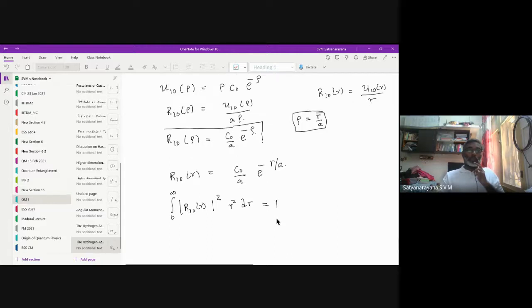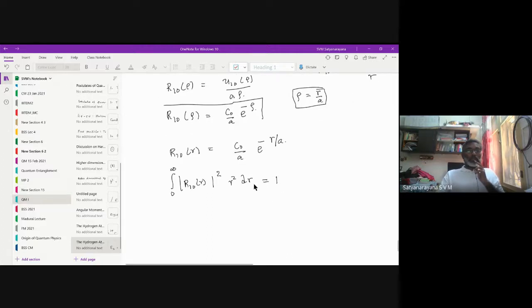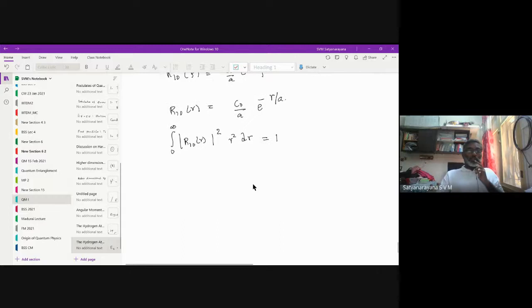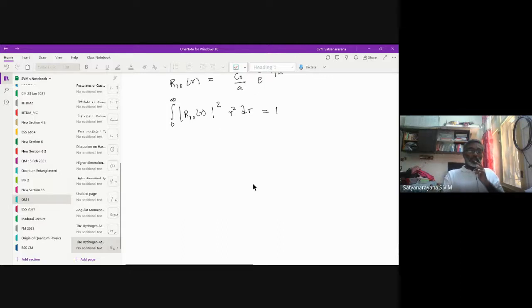So why r square dr? Because you have to normalize the entire wave function. Remember that normalization is not for a part of the wave function. So actually you have to normalize the wave function like this: R10 of r into Y00 of theta phi, this mod square, and then you have integral over r square dr, and then sine theta d theta d phi.